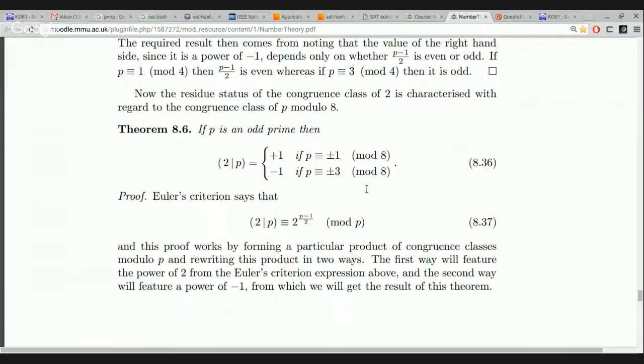Every prime number after 2 is odd, so it can only be congruent to 1, 3, 5, or 7 modulo 8, or you can think of that as ±1 and ±3. And this is how it broke down. 2 was a quadratic residue if p was ±1 mod 8, that is, p was 1 or 7 mod 8, and not a quadratic residue, minus 1 for the Legendre symbol, if p is ±3.